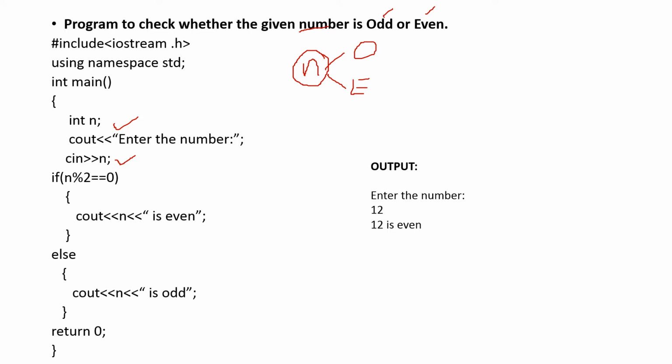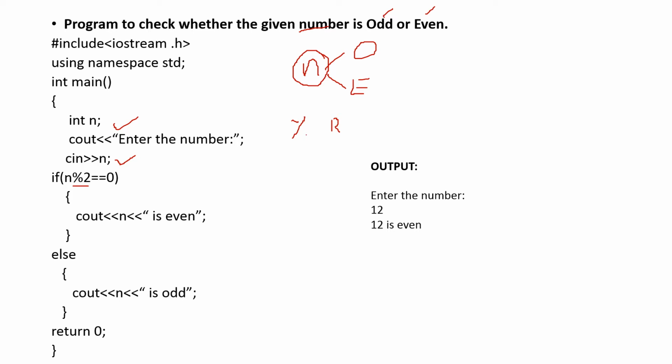Then you have to check if n %2. We know that percentage is modulus, that is, it checks the remainder. For finding whether the number is odd or even, we are finding the remainder.